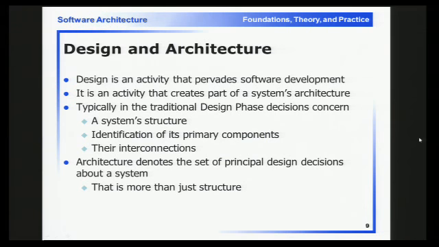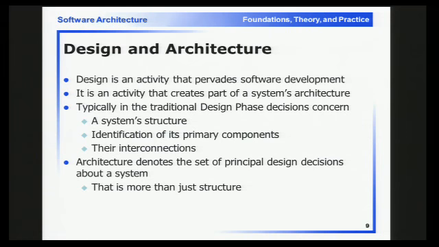In the traditional software development process, the traditional design phase involves decisions concerned with the structure of the systems, right? The identification of its primary components, the main components, and their communications, their interactions. And architecture denotes the set of principal design decisions about a system.